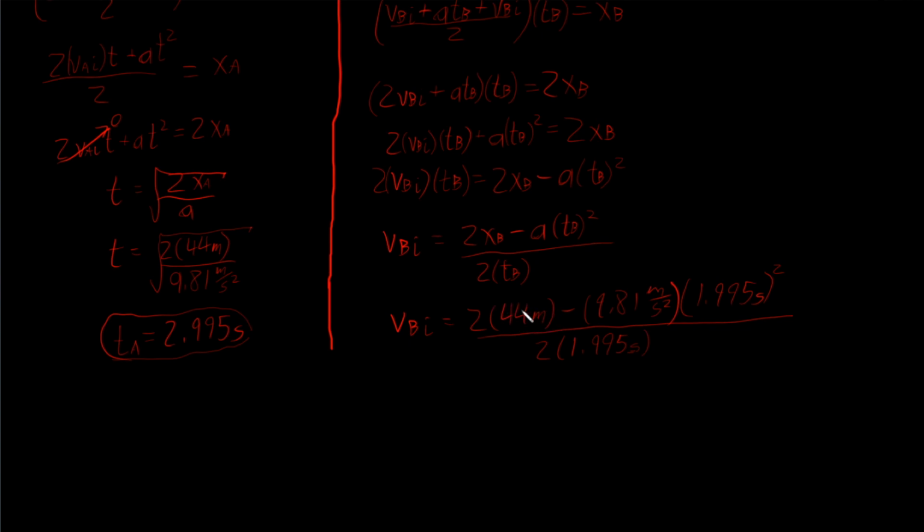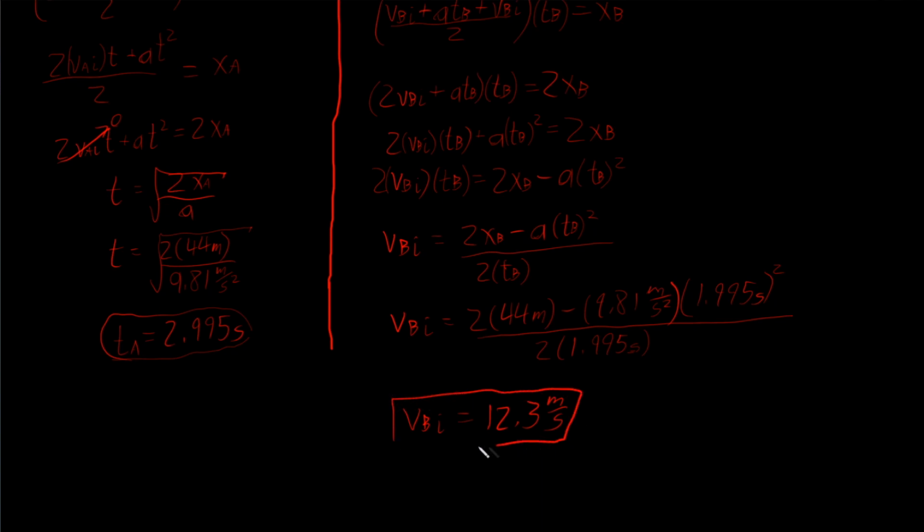Okay, and it looks like all the units here make sense. We have meters on the top here. Over here we have meters per second squared multiplied by seconds squared. So we have just meters on the top, just seconds on the bottom. So speed is in meters per second. It looks like our units here are good. So our final value for the initial velocity of B, if we put this into the calculator, is 12.3 meters per second.